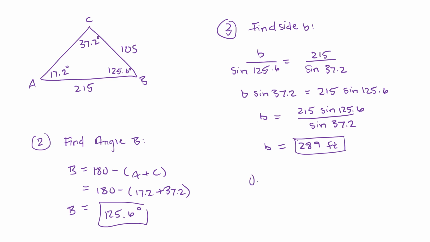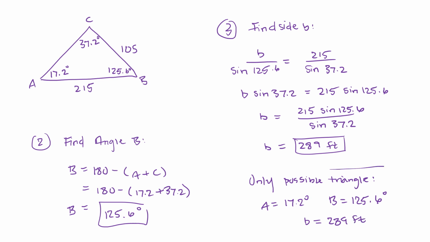So the only possible triangle for this problem has the missing sides and angles: angle A being 17.2 degrees, B being 125.6 degrees, and the side b being 289 feet.